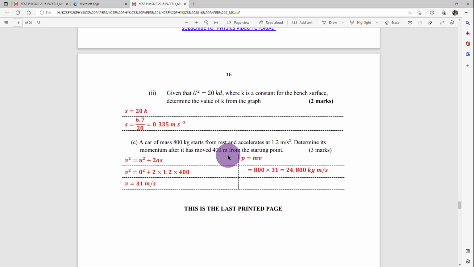So the velocity I use is the velocity it has finally after covering a displacement of 400 meters, which I've worked out. And when I multiply the two, I get this value, kilograms meter per second. And that is the last question in this paper.